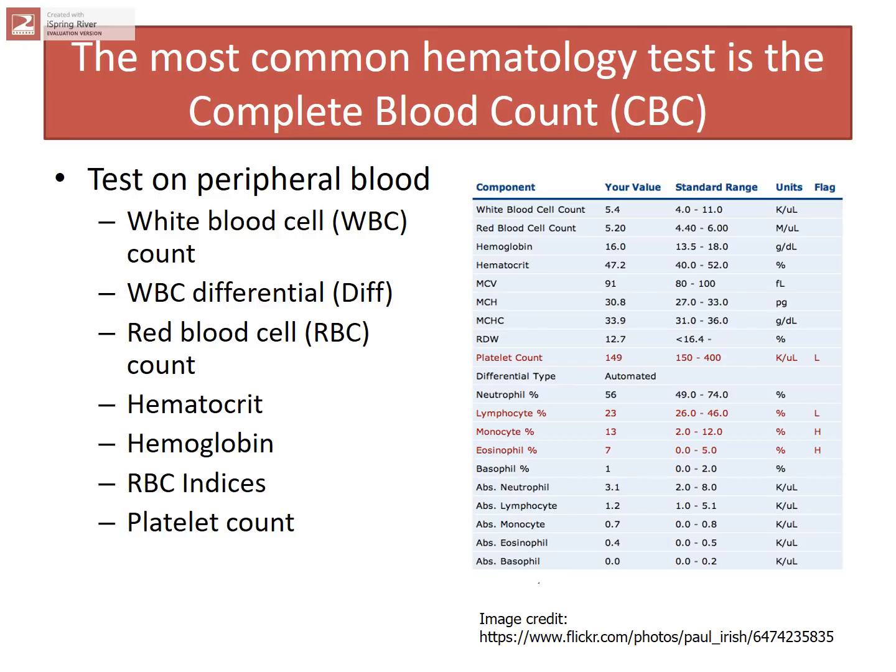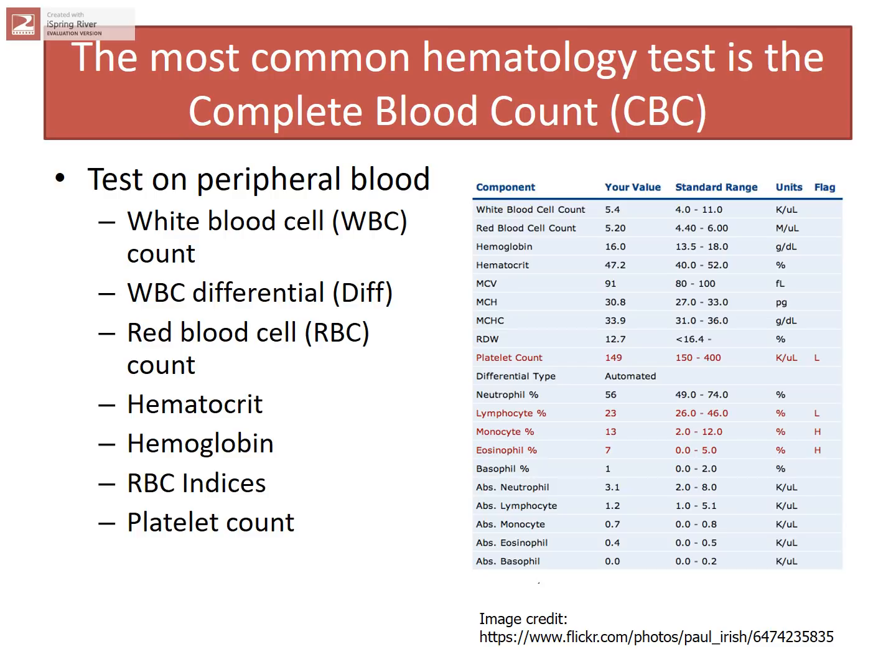Let's talk for a moment about one of the most commonly performed tests, certainly one of the most commonly performed hematology tests, and this is the complete blood count, or CBC. The CBC is a panel of tests. You should remember the term panel because it includes 10 different tests.